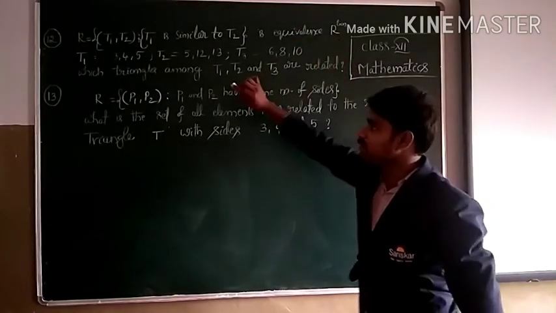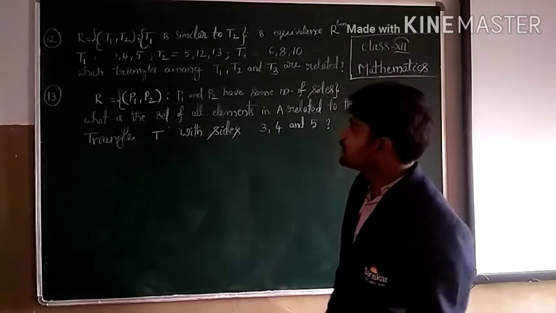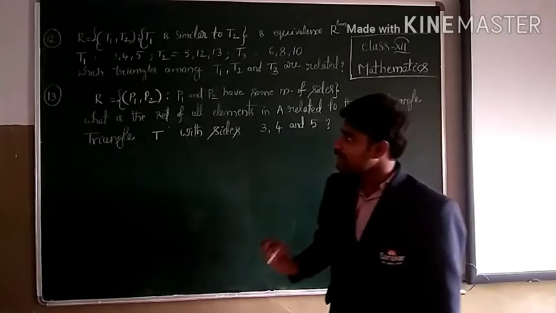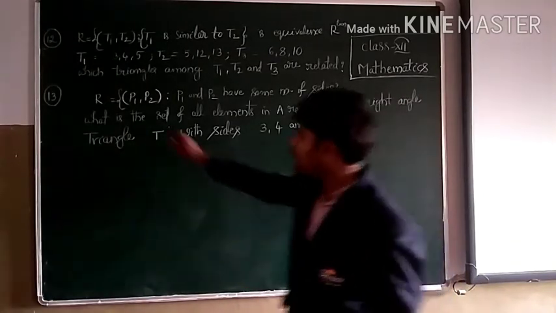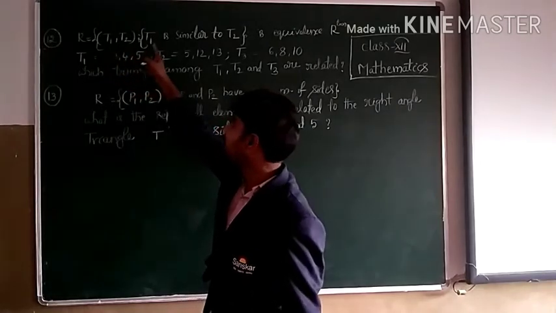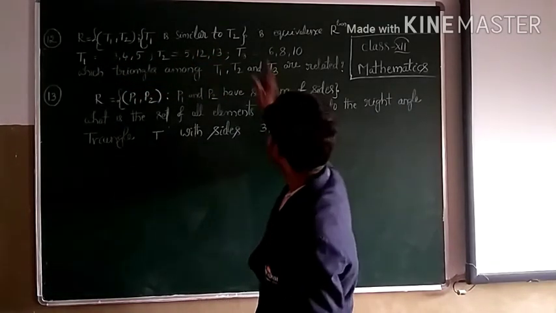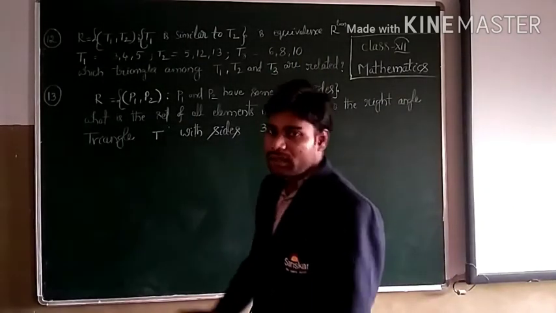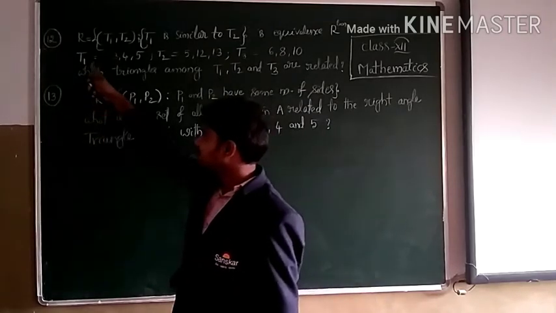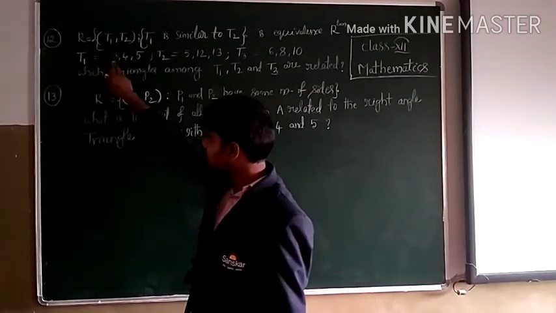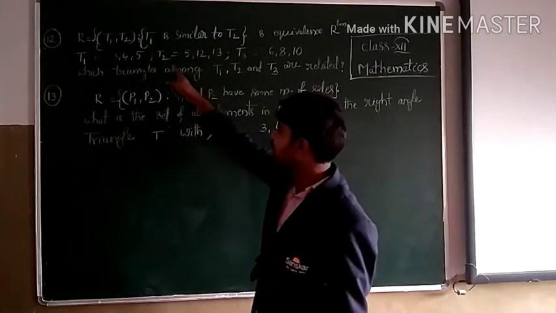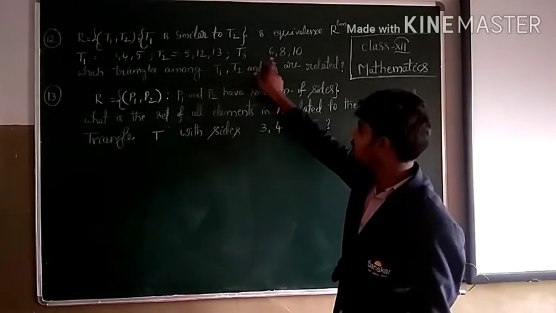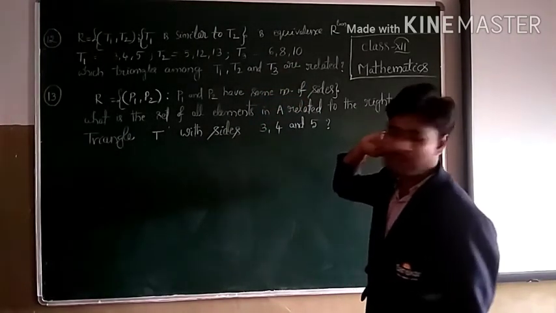Further, consider three right angle triangles: T1 with sides 3, 4, 5, another triangle T2 with sides 5, 12, 13, and T3 with sides 6, 8 and 10.